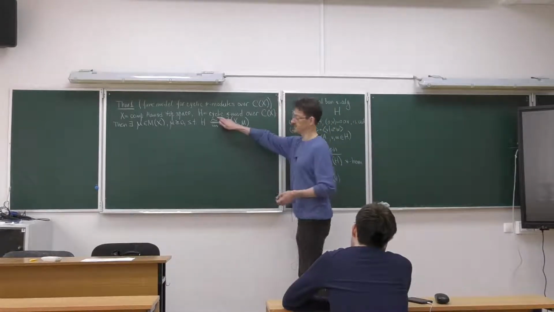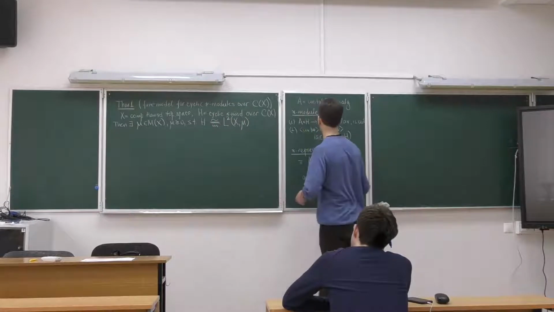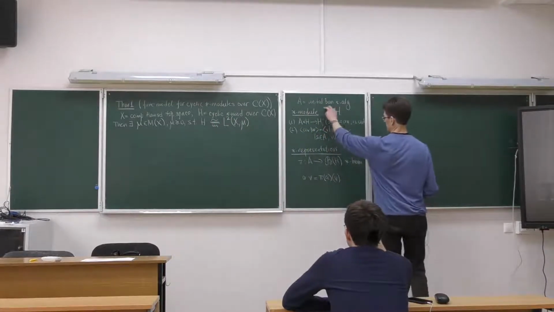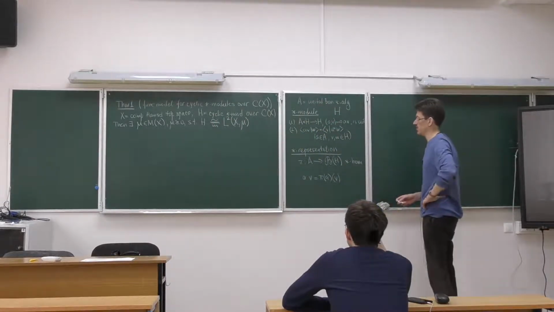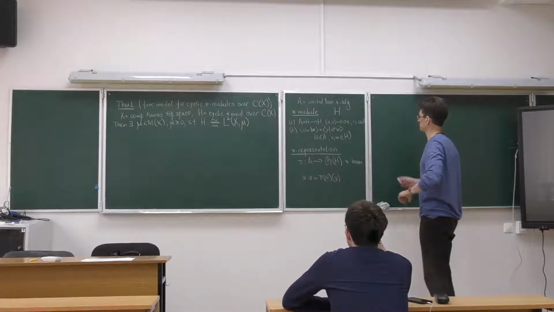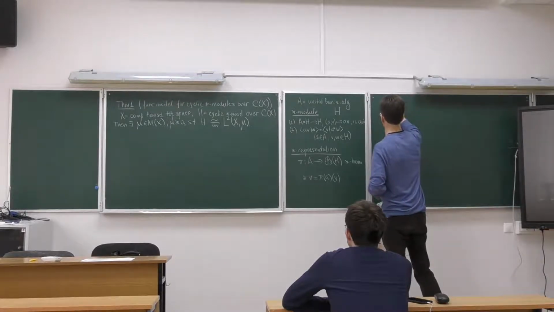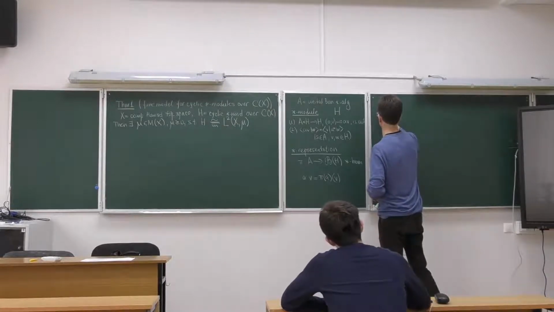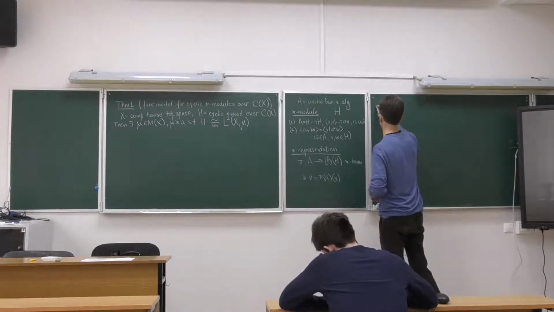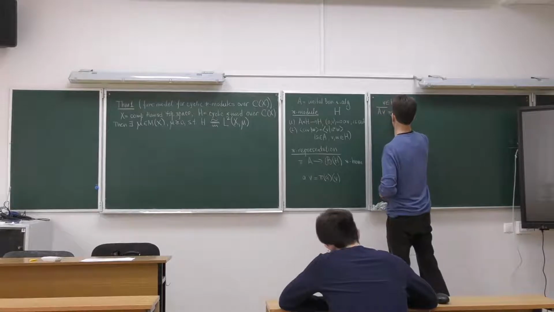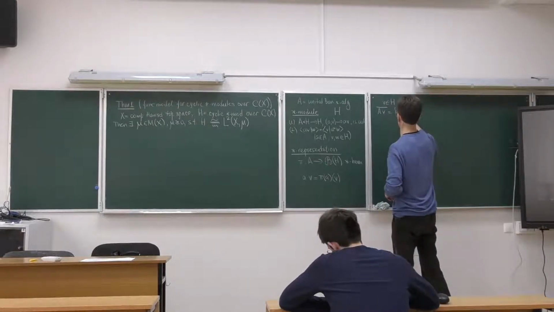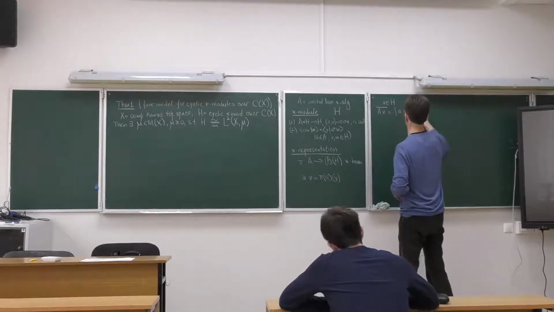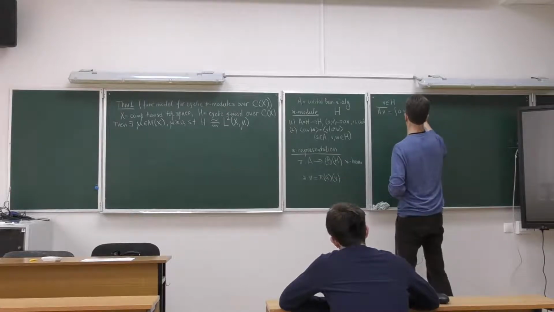Well, let's also recall what cyclic means. If A is a Banach star algebra, and H is a star module, then for each vector v in H, we can consider the so-called cyclic submodule generated by v. By definition, this is the closure of the set of all elements of the following form.